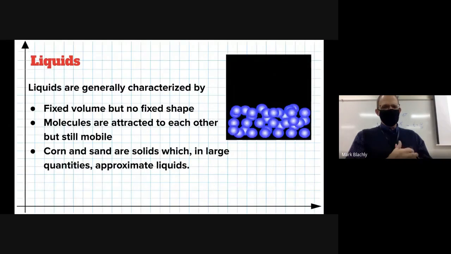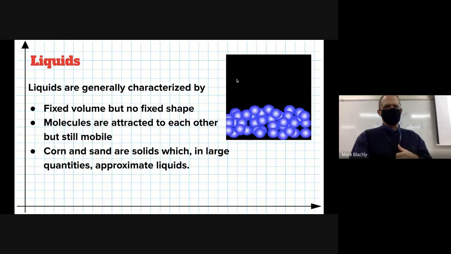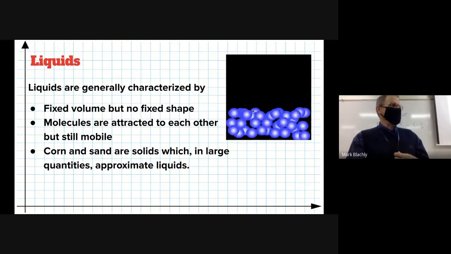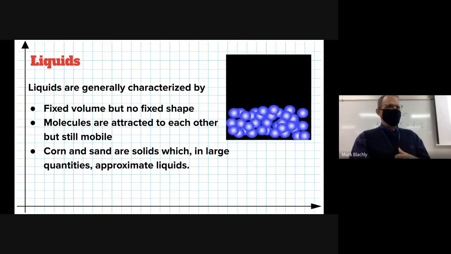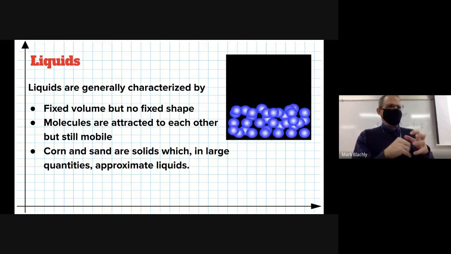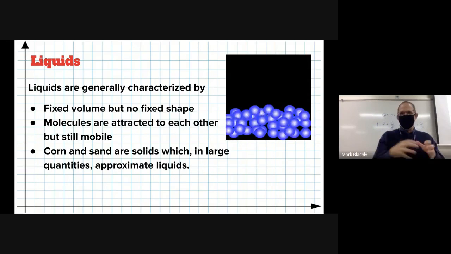Liquids, on the other hand, have a fixed volume because gravity tends to pull them down, but they don't have any fixed shape. They'll take the shape of the container because they can all move relative to each other. They still hang around together, but they are not locked in place, right? It's like freshmen in high school. You ever seen freshmen? They all move together.